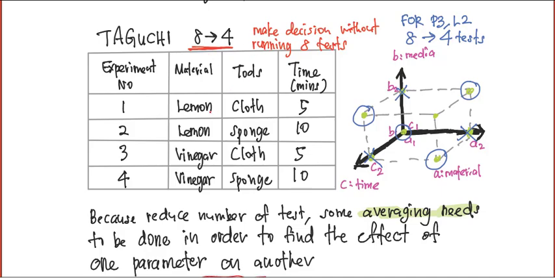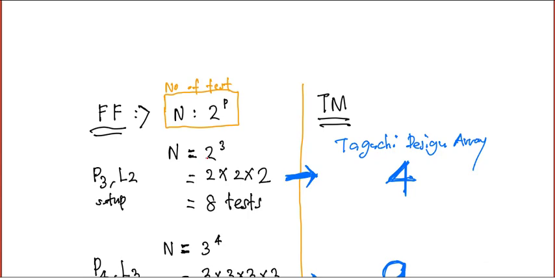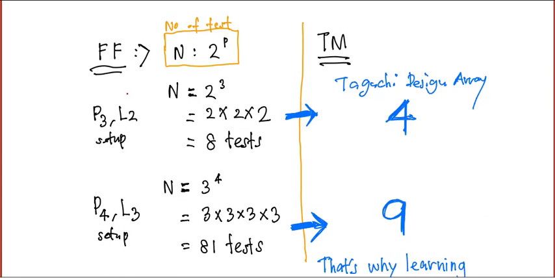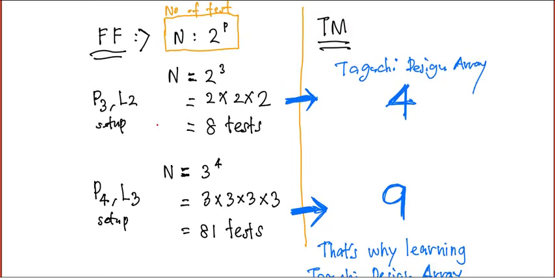Only 4 experiments are required in Taguchi method. If we want to compare for the higher number of factors or parameters and higher levels, now we have 3 parameters with 2 levels. The number of the required experiments is 8 in factorial design, but in Taguchi method, we just need 4.